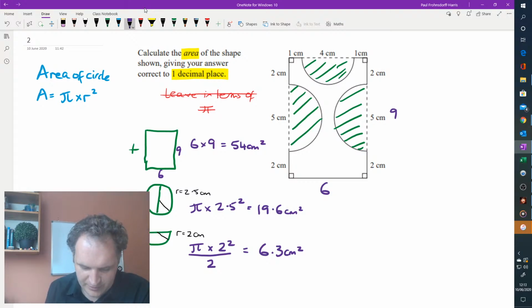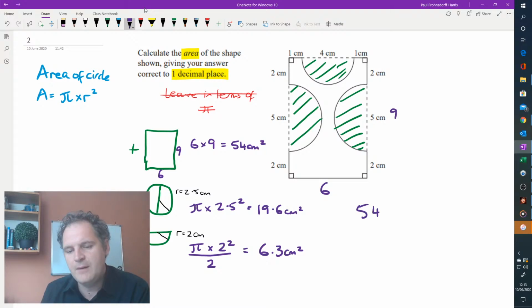Mr. Harris has messed up here. It's 54 take away, isn't it? So it's going to be 19.6 plus 6.3, which will give a rough answer. If we do 54 minus 19.6 minus 6.3, we get 28.1 centimetres squared.